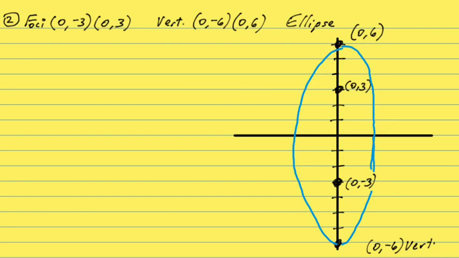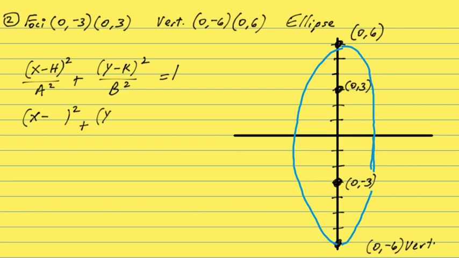Now, I'm going to write it out. It's going to be x minus h quantity squared over a squared plus y minus k quantity squared over b squared. Since the center is at the origin, h and k, which is the coordinates of the center, should be 0 and 0. So I put in 0, 0.